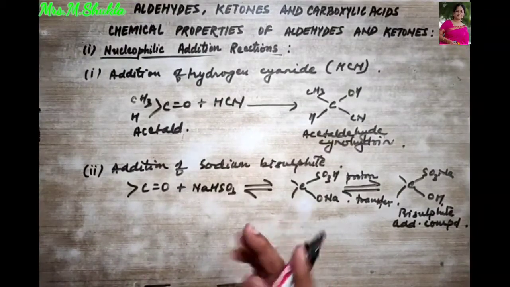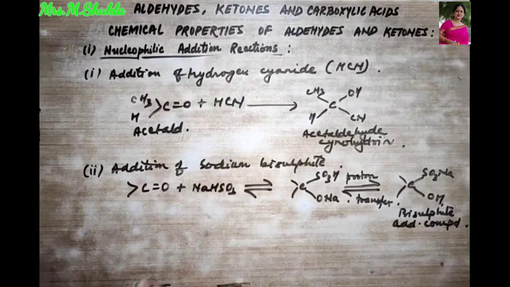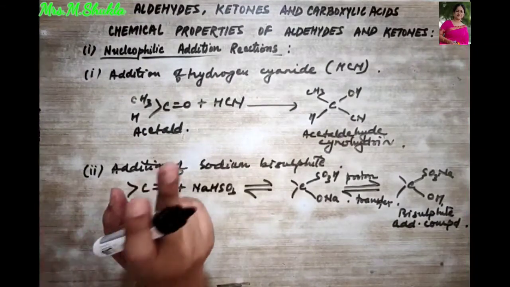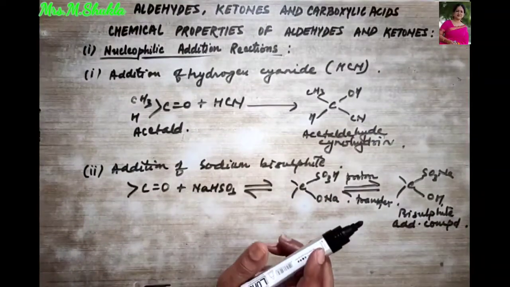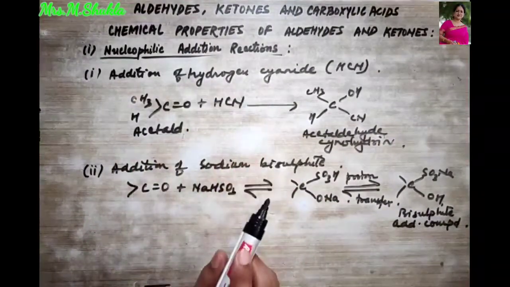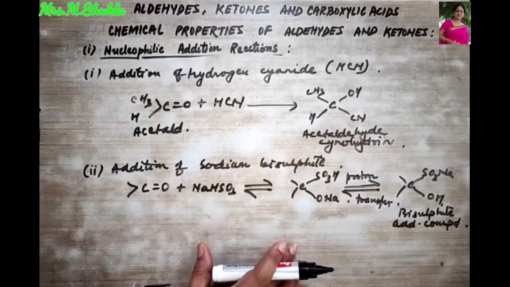What is the reason? Due to steric hindrance of the bulky groups present around the carbonyl group. Therefore, they will not undergo addition of sodium bisulfite, or react with hydrogen cyanide as well.